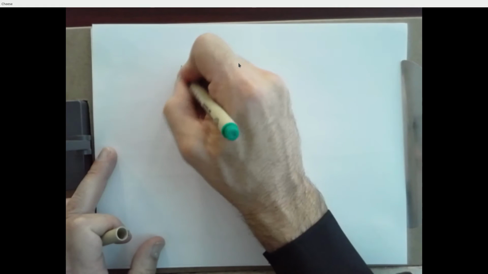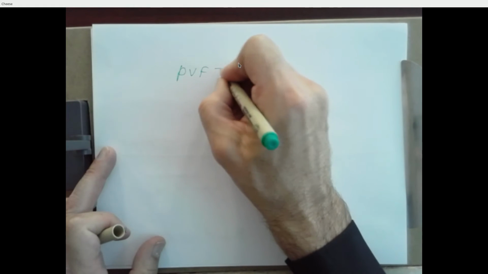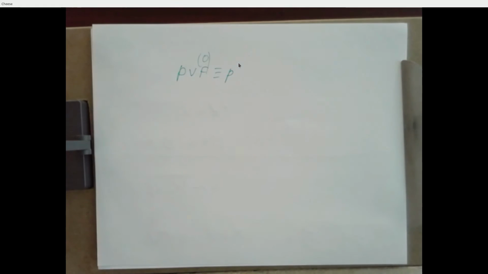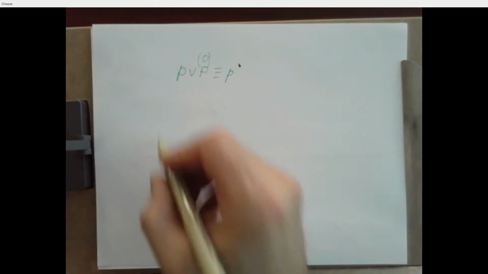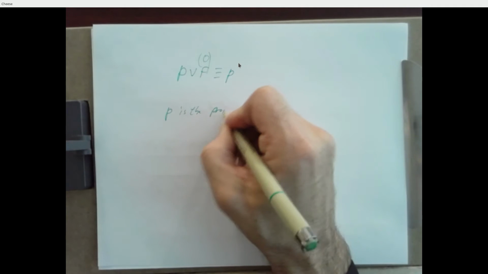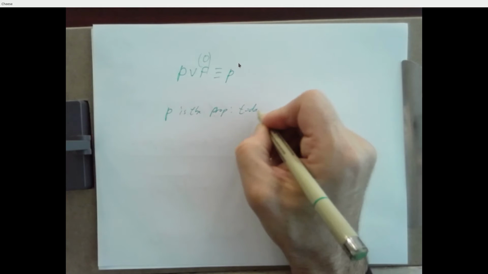Well, I'm not sure. So let's look at P or false is equivalent to P or 0, right? So I could say something like P is the proposition, today is Friday.